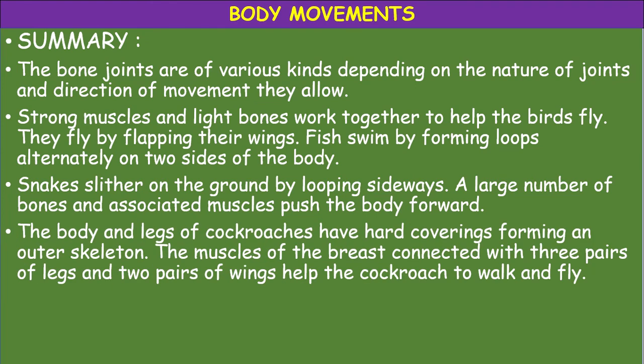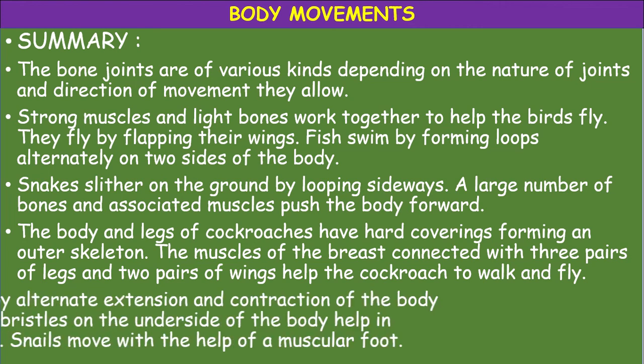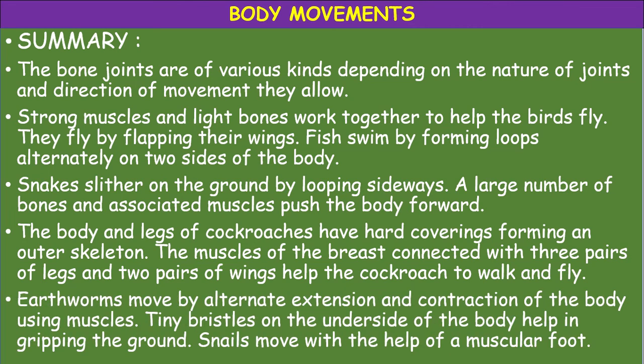The body and the legs of a cockroach have hard coverings forming an outer skeleton, the cuticle. The muscles of the breast connected with the 3 pairs of legs and 2 pairs of wings help the cockroach to walk and fly. Earthworms move by alternate extension and contraction of the body using muscles.